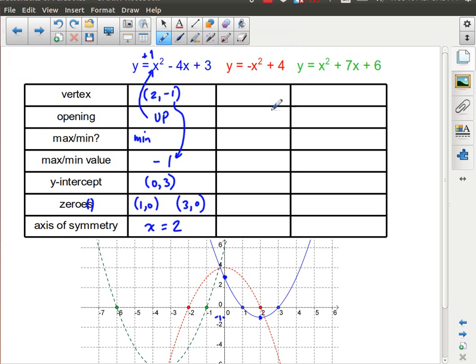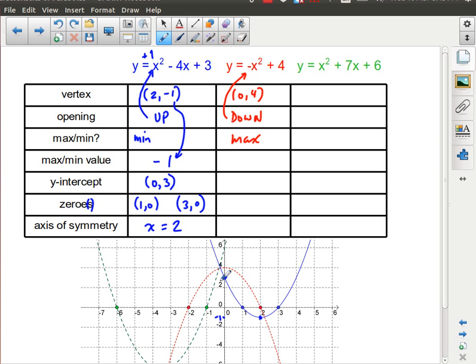The next equation, the vertex of the red is at a y value of 4 and an x value of 0. So that is the point 0, 4. Direction of opening for this one is down, and we can get that from the graph of the parabola, but I want you to also notice the coefficient in front of the x squared is negative, and that also tells us that it's down. If it opens down, that means it's going to be a maximum.